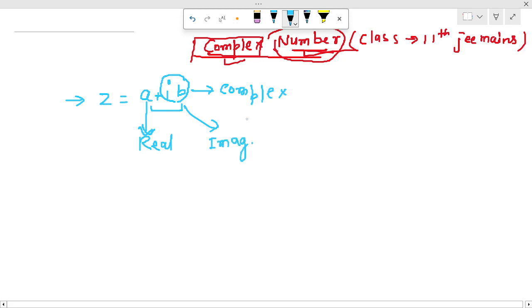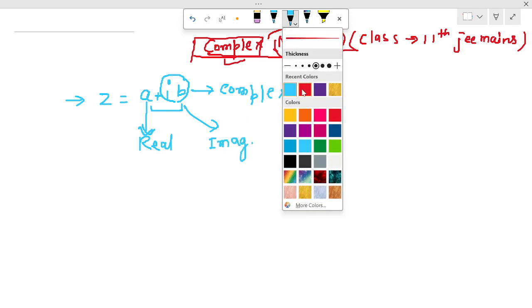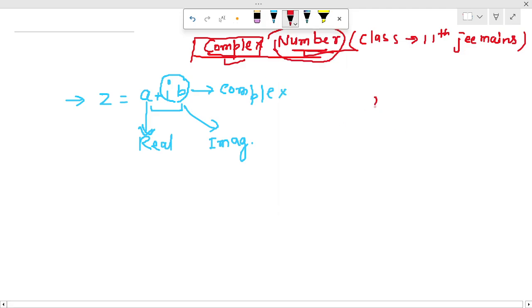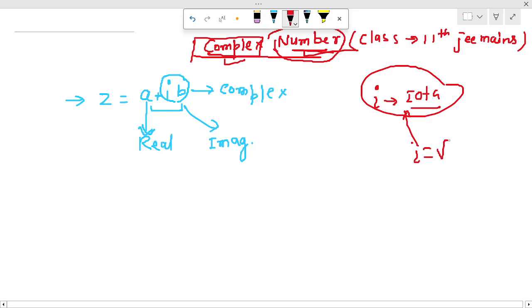Students, here is a small notation. This is called iota. Iota is a number, but it is of the irrational type.